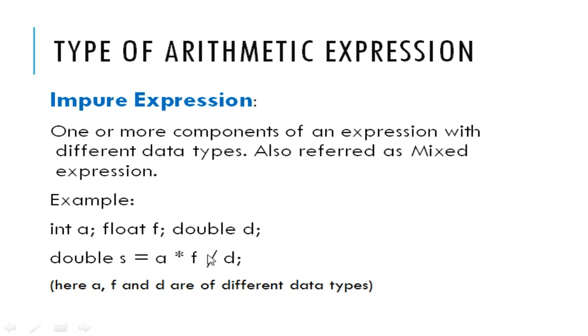We will be discussing how it is done in the next video. So S equal to A into F divided by D. That means all these are different variables, with whatever data type you are using defined here. You call this a mixed expression or impure expression.